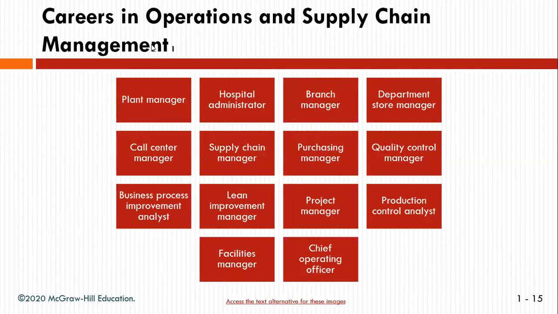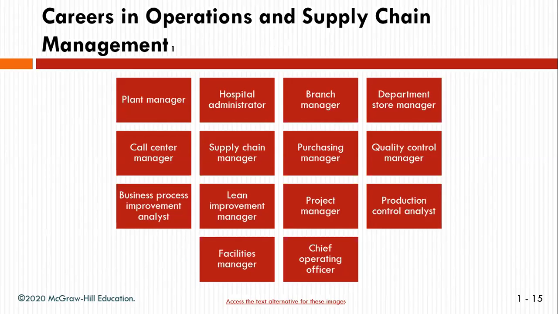Now, here are some jobs that you look at differently. As we said, besides finance and sales, these are the jobs that belong to operations and supply chain management. One is the plant manager, who calculates the materials needed and runs the operation.